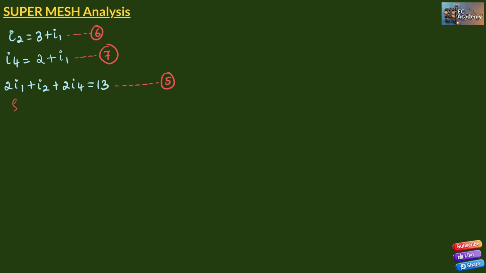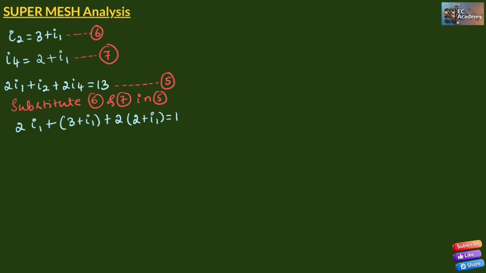Now let us substitute equation 6 and 7 in equation number 5. Therefore, we can write 2I1 plus 3 plus I1 plus 2 into (2 plus I1) is equal to 13. 2I1 plus 3 plus I1 plus 4 plus 2I1 is equal to 13.